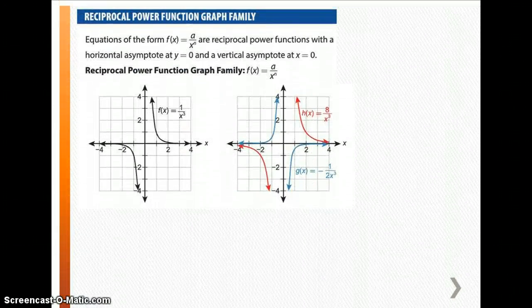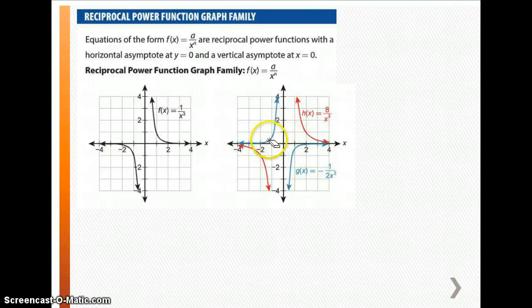Okay, so then we have the reciprocal power function, and this is the graph families. If we look at the right-hand side, this is a parent function of 1 over x cubed. Look and see what happens if we change the function a little bit.